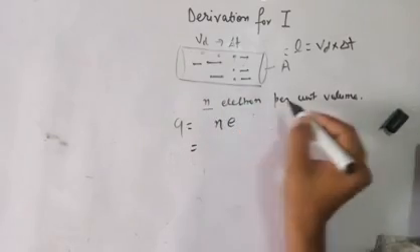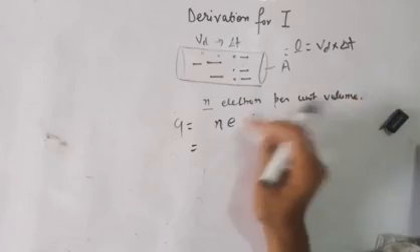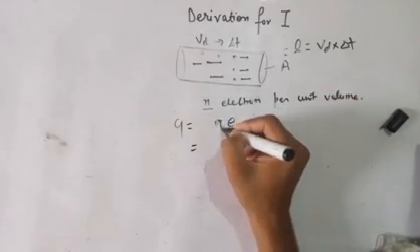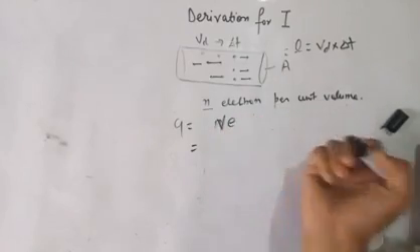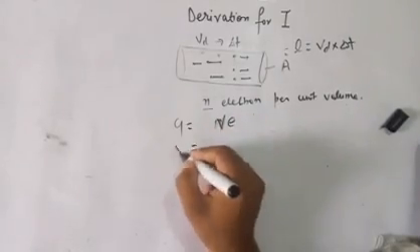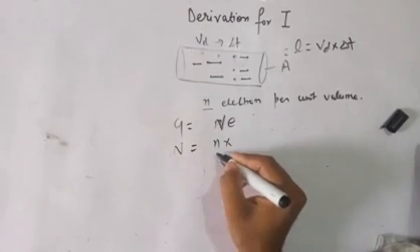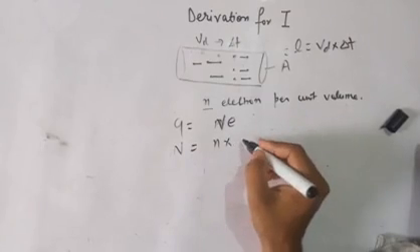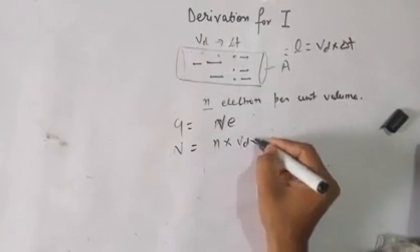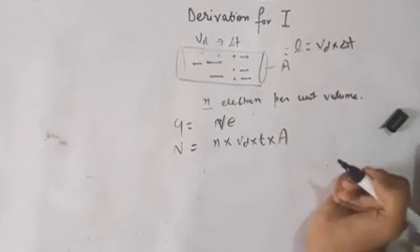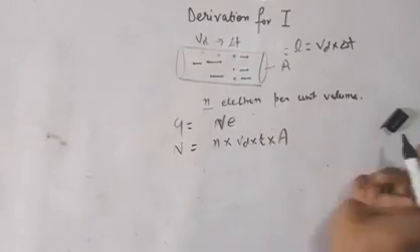This small n is the number of electrons per unit volume, and this N is the total number of electrons. Let us represent it with capital N. So capital N is n, the number of electrons per unit volume, into the total volume, and total volume is length into area. So Vd into delta t into area. This is the value of capital N.